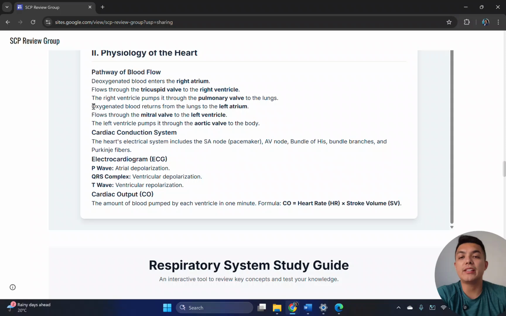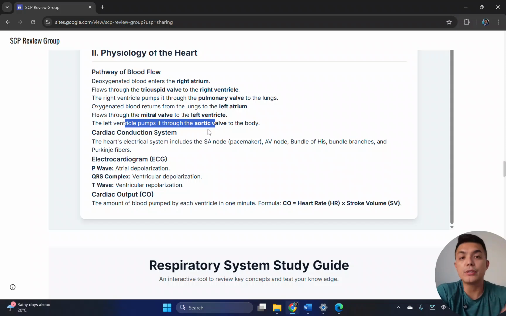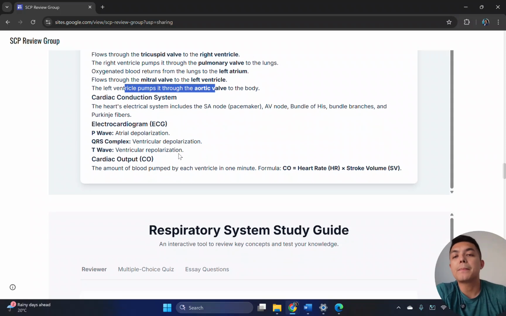And now oxygenated blood returns from the lungs to the left atrium, entering through the pulmonary veins. Then it flows through the mitral valve to the left ventricle, and the left ventricle pumps it through the aortic valve to the rest of the body.